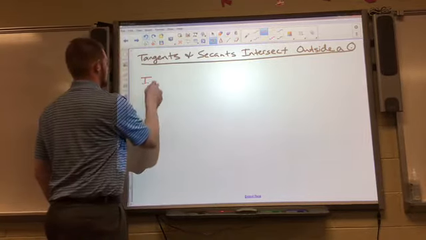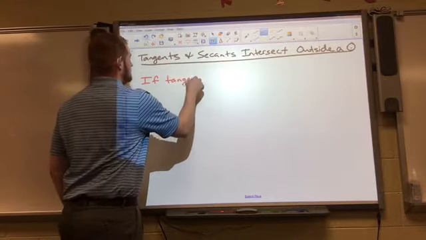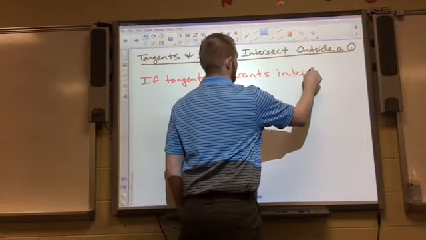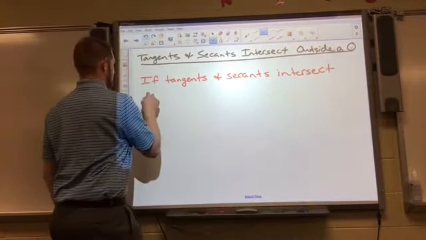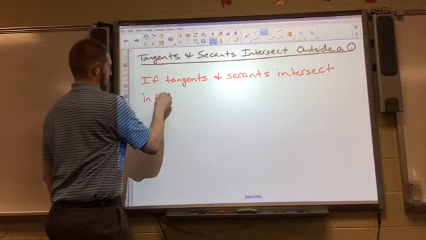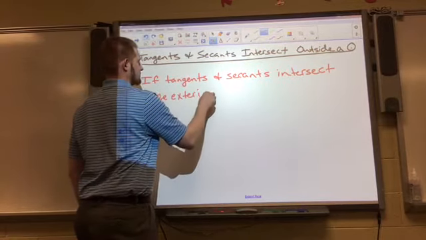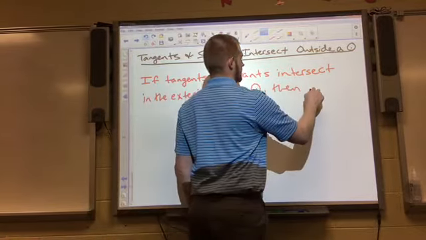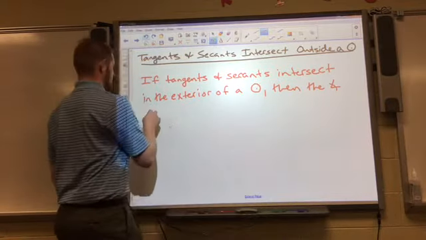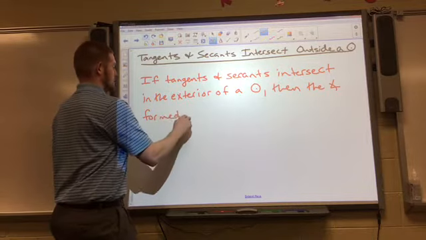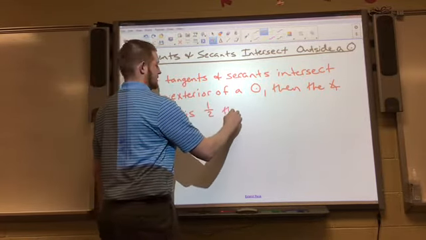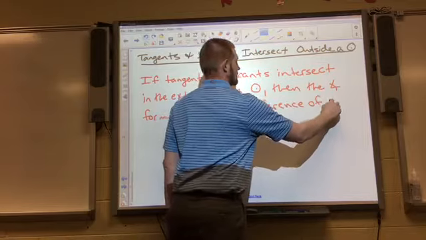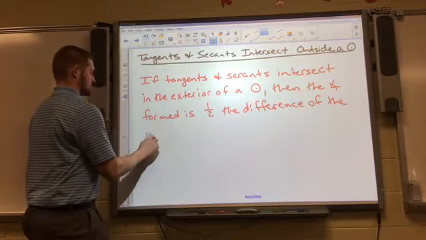So I'm just going to say if tangents and secants intersect in the exterior of a circle, then the angle formed is 1/2 the difference of the intercepted arcs.